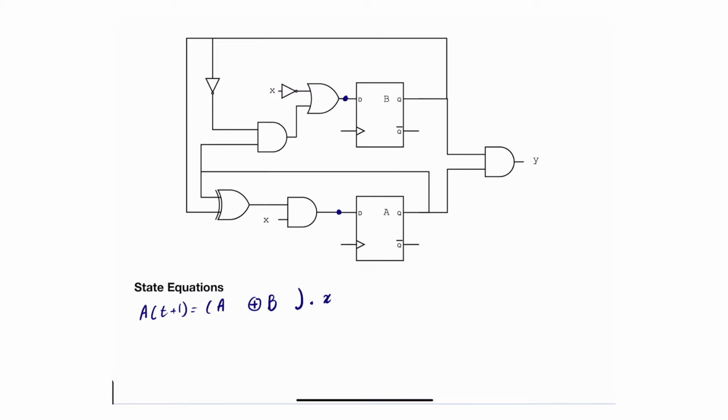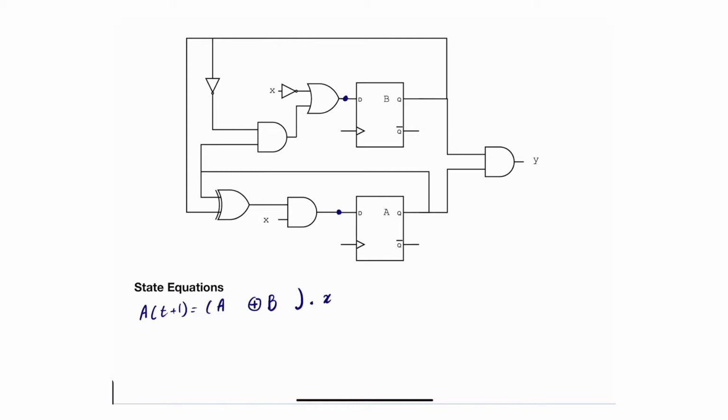All I have to do is take the current value of A XORed with the current value of B, and the whole thing ANDed with the current value of X. That will be the next value of A, and that's the state equation for this flip-flop. I'll keep the t plus 1 just to distinguish that this is the next value. And this is not a mathematical equation, it's an assignment.